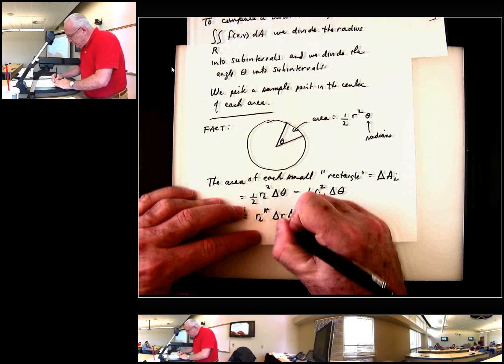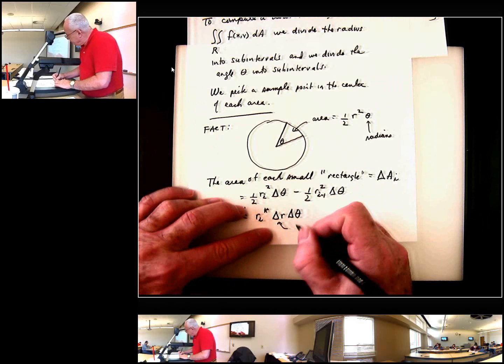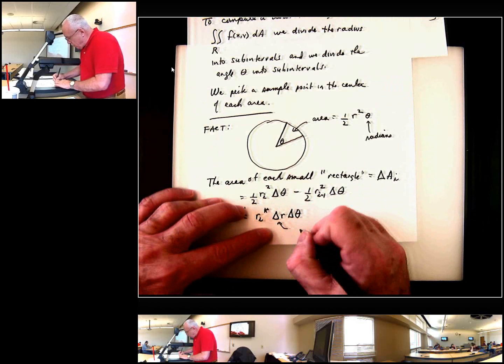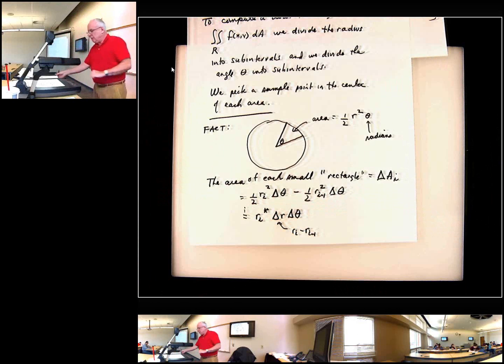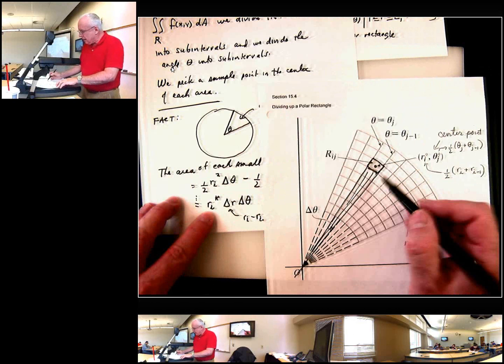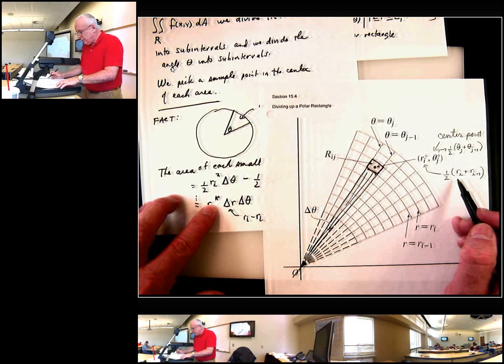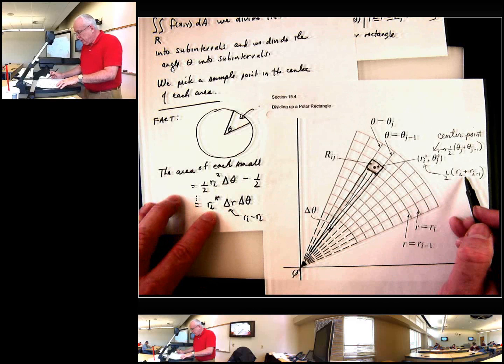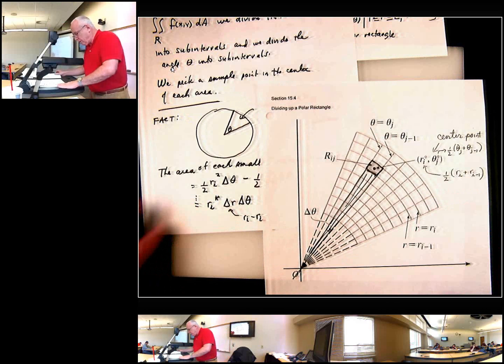where delta r is basically r sub i minus r sub i minus 1. And this r sub i star is the average of the two r's right there in the center.